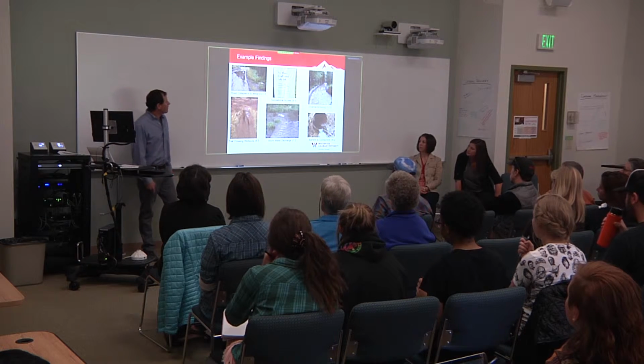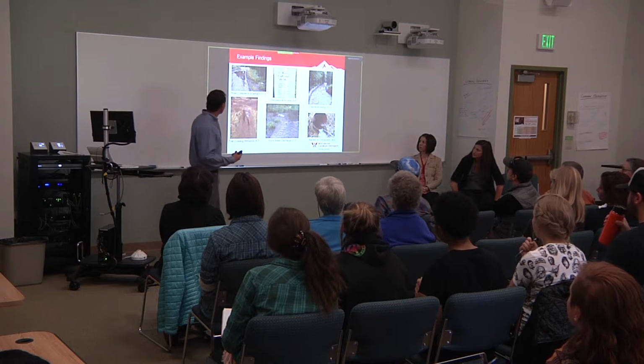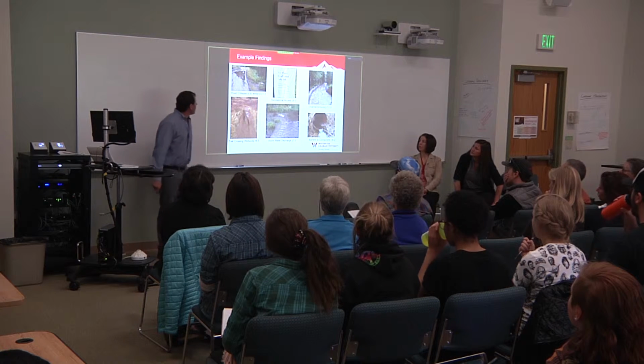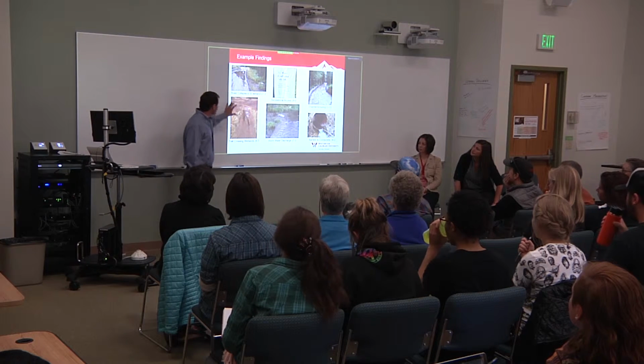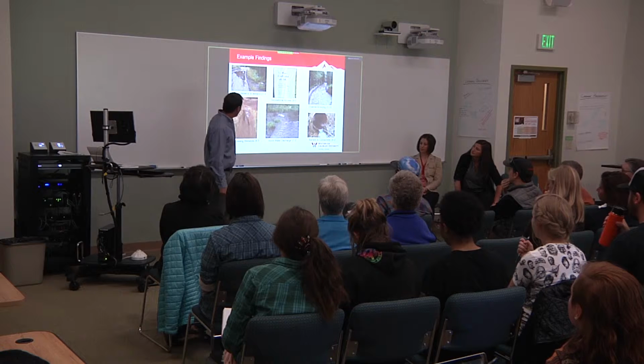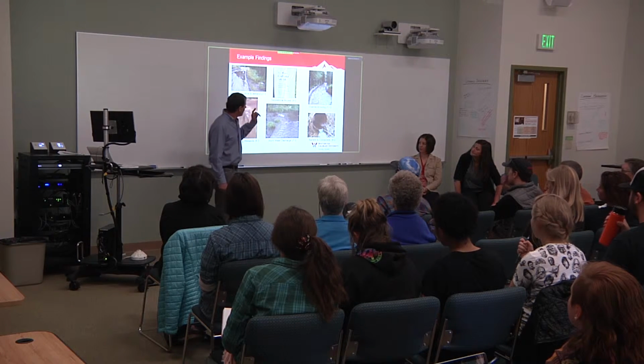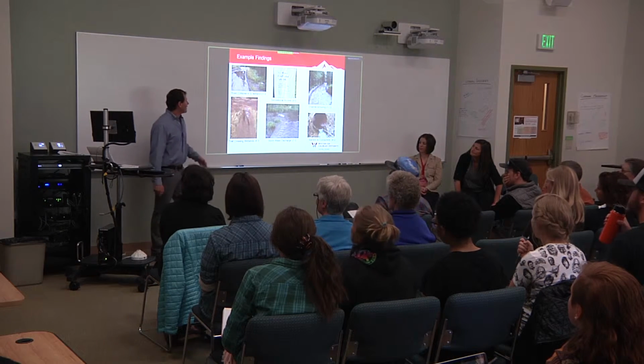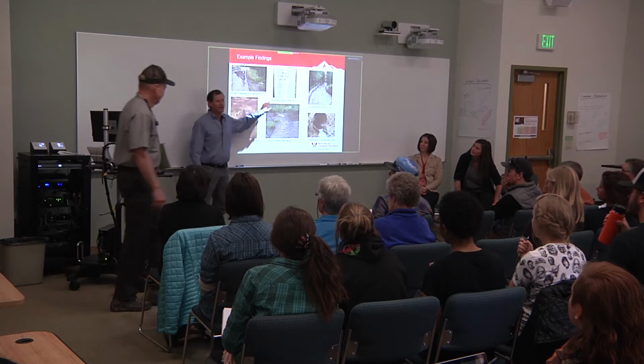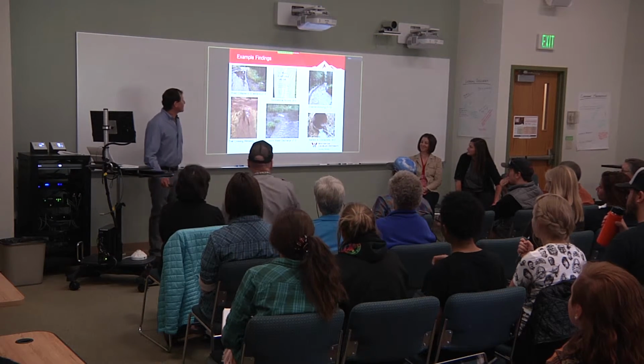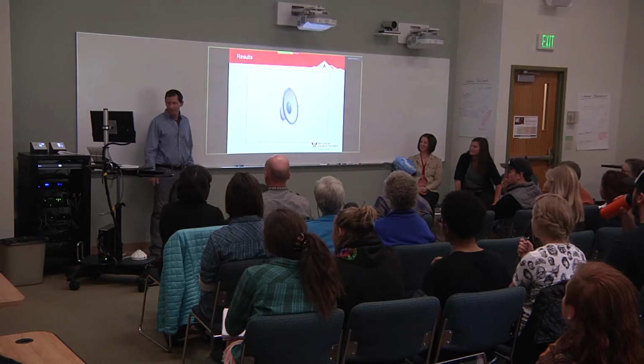Here are some pictures of some of the issues identified in the project: a lot of issues with roads and trails interacting with wetlands, point sources of pollution, barriers to stream connectivity, but also recreational access and some other recreational issues across the zone.